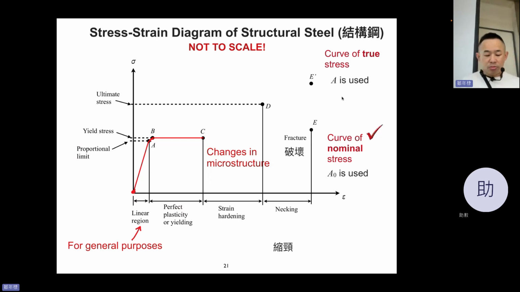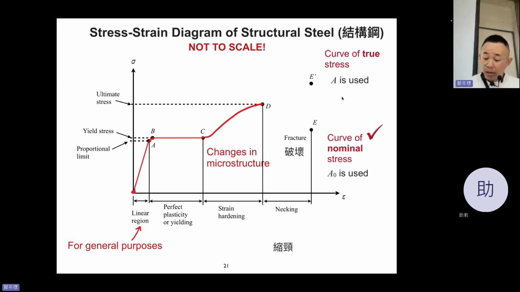Maybe there are many other ways to change its crystal orientation to resist the strain again. So it changes its microstructure to make the stress become higher.